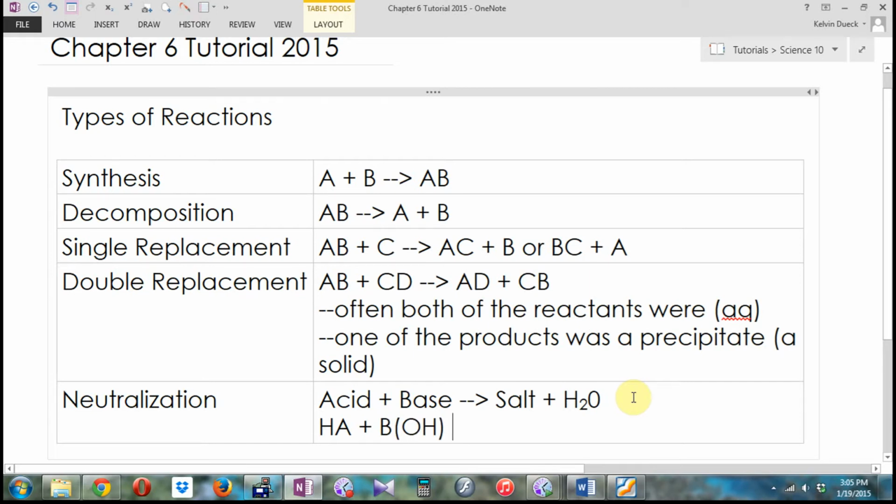Okay, it's a negative ion, but the negatives don't appear in the actual formula. Results in, and then what happens is B. Why did I write the B? Because B is the metal, A is the non-metal, plus H2O.